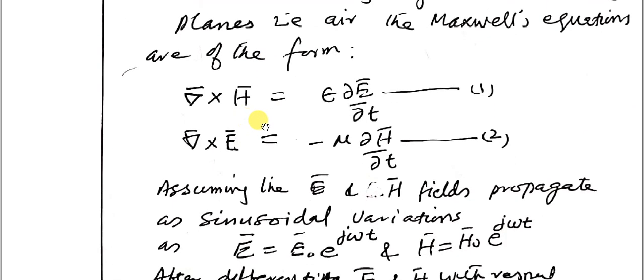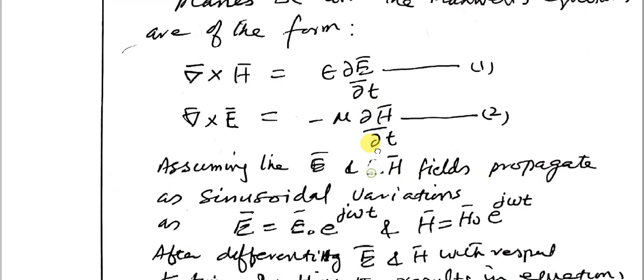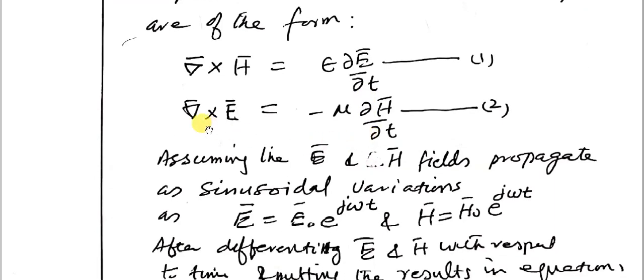This is the popular Ampere circuital law: curl of H is equal to epsilon delta E by delta t. The other one is the popular Faraday law: curl of E is equal to minus mu delta H by delta t. We will be making use of these two Maxwell equations.